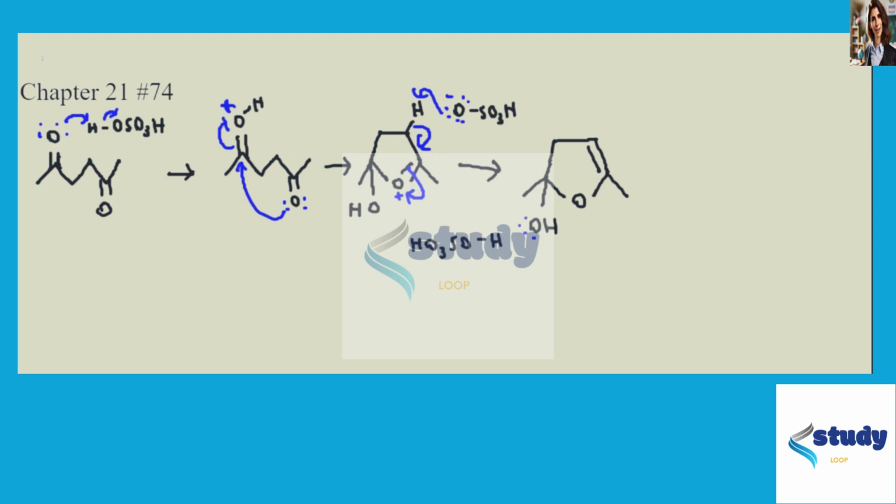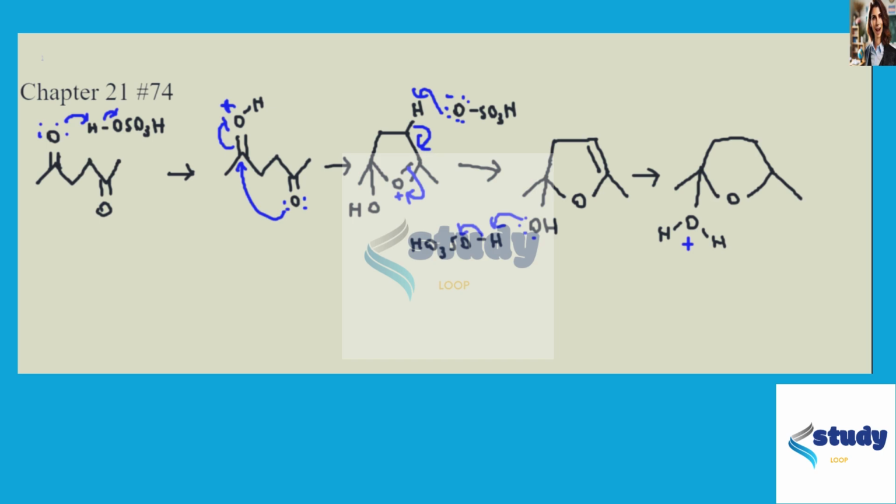One of the lone pairs of this alcohol oxygen will grab this proton. And so this alcohol has now been protonated. So obviously there's a plus charge on that oxygen.